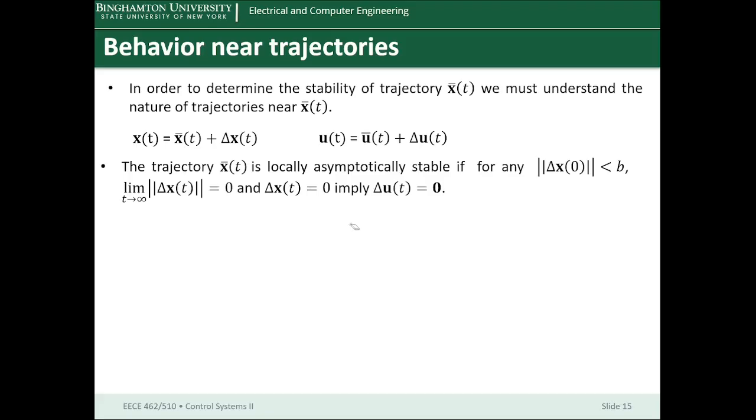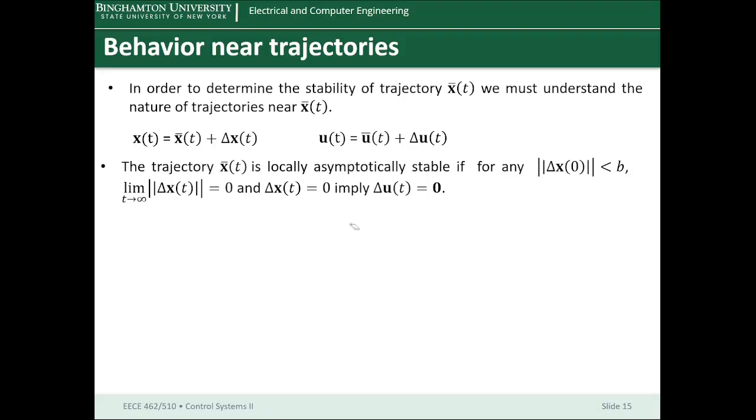Now, x bar is asymptotically stable if for any initial perturbation delta x 0 with the norm of delta x 0 less than b, the perturbation goes to 0 as time increases. And also when delta x of t is equal to 0, delta u of t is equal to 0.